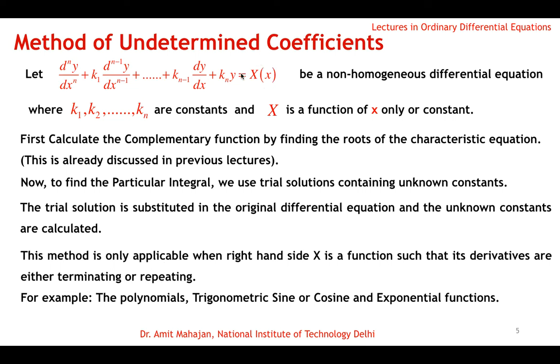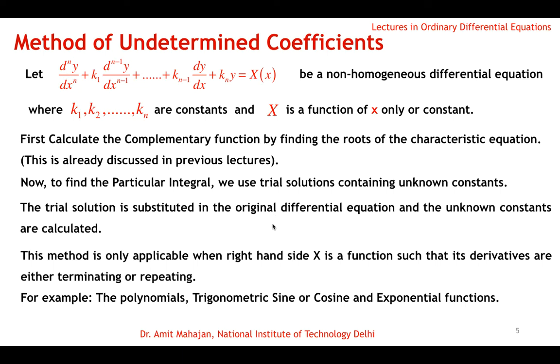If we calculate the derivative of X, the second derivative, the third derivative, and so on, the derivatives either terminate, that means after some time the derivative becomes zero, or repeat, the same derivatives coming again and again. For example, polynomials: if the right hand side is x square, the derivative is 2x, then 2, then 0, and all further derivatives are 0, so the derivatives are terminating.